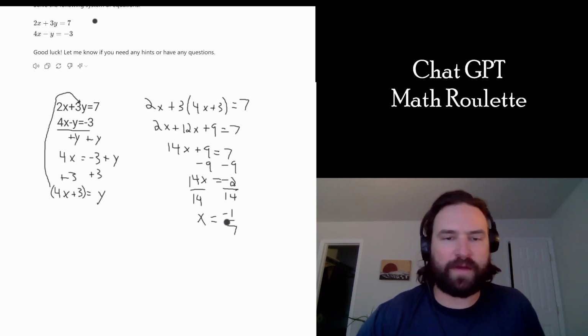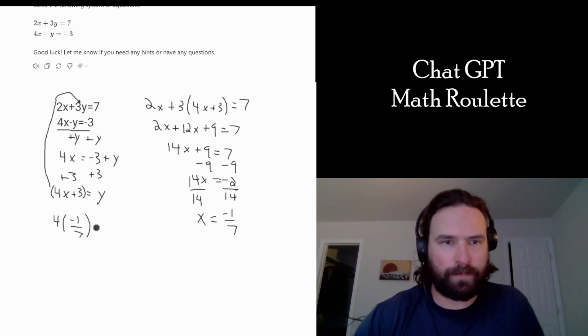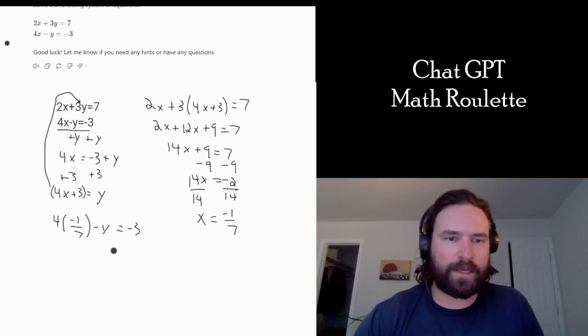So now that we have x solved for, we can use substitution again, substituting x back into either one of these equations. I think the bottom equation is going to be easier to solve, so let's go 4 times x, which we now know is -1/7, and then minus y equals -3. And we want to solve for this y again, so we can actually kind of do what we did over here. Add the y to this side, add the 3 to this side.